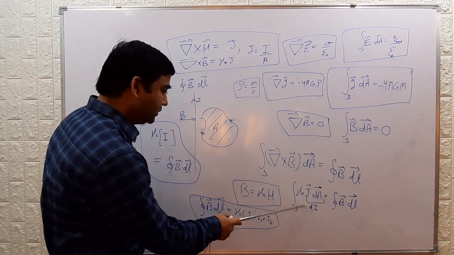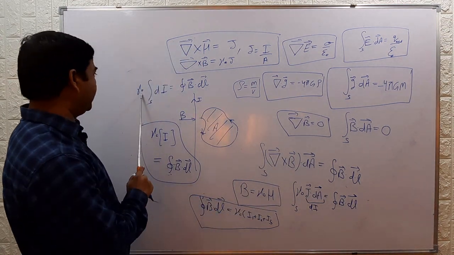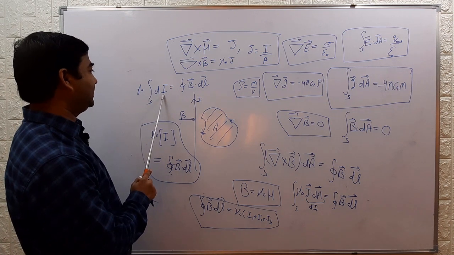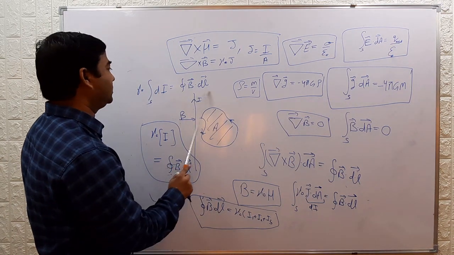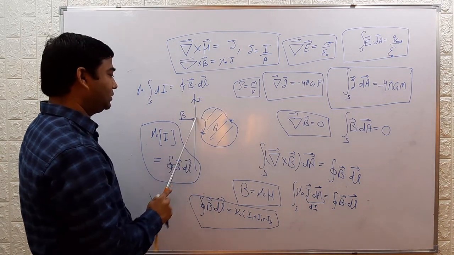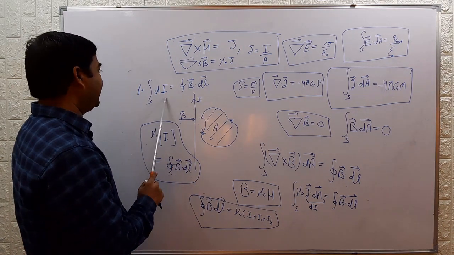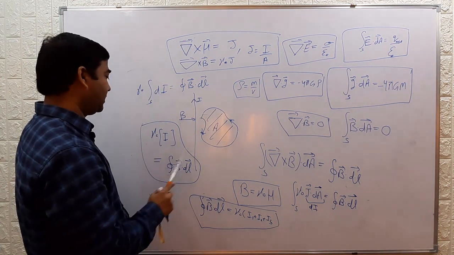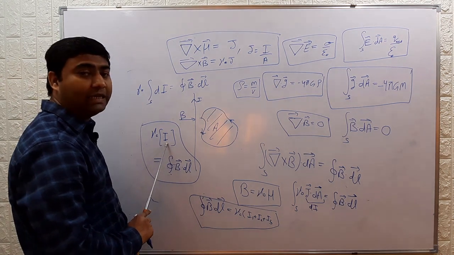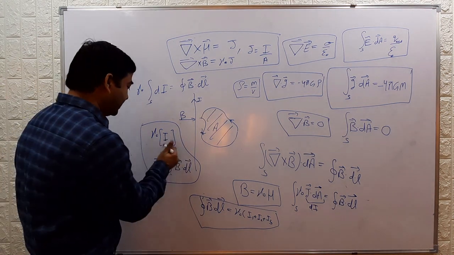Mu 0 we have taken out, integral of dI is equal to circulation of magnetic field around this closed curve. Integration of dI is nothing but total current flowing through this area, mu 0 into I net. Here also we can write as I net.